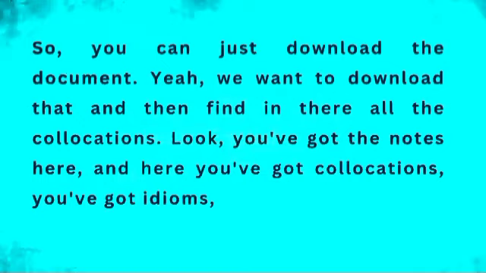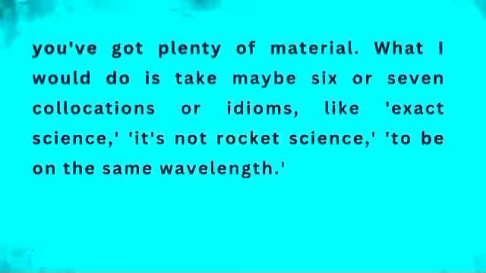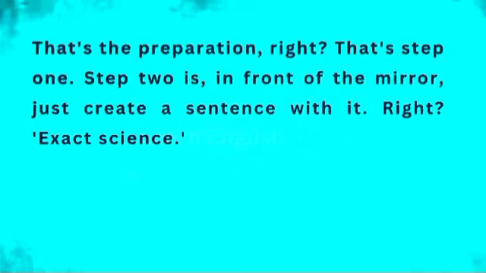Look, you've got the notes here, and here you've got collocations, you've got idioms, you've got plenty of material. What I would do is take maybe 6 or 7 collocations or idioms like exact science. It's not rocket science. To be on the same wavelength. That's the preparation, right? That's step 1.